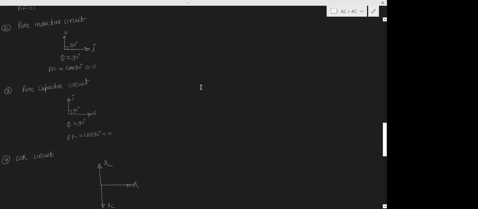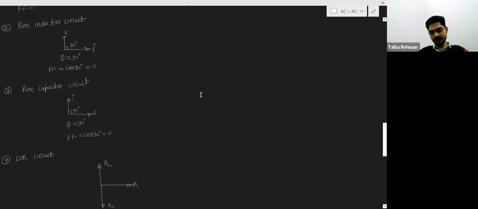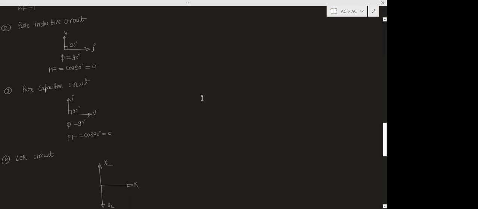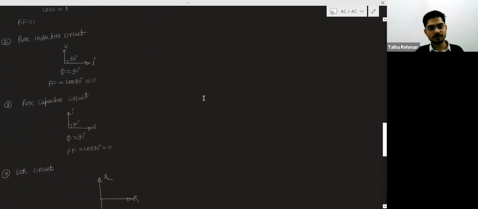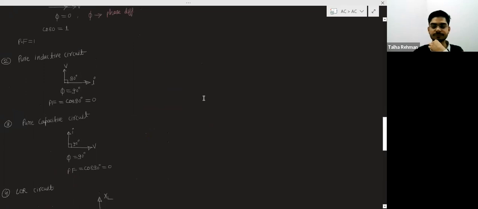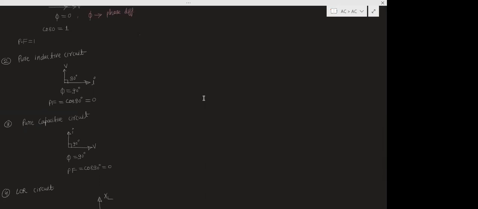So can I explain again how in a purely capacitive circuit the theta is 90? In a purely capacitive circuit, the theta is 90. Okay. Yeah, how is it? Okay, first note down the whole thing, then I will explain. Alright. Just so you can scroll down.